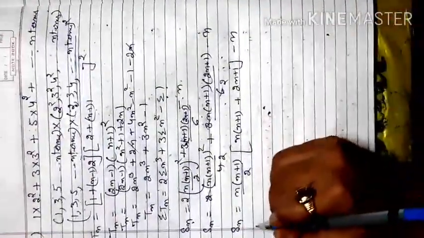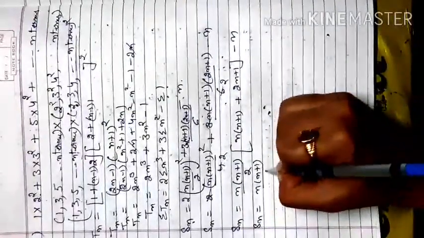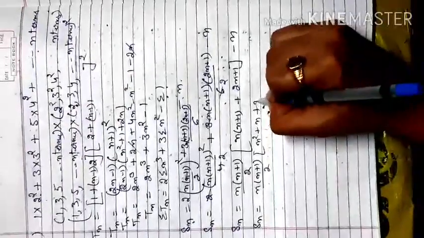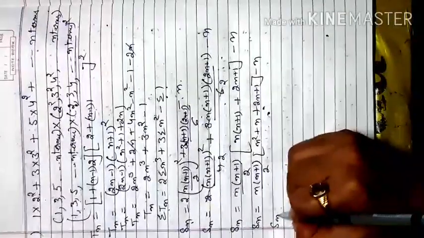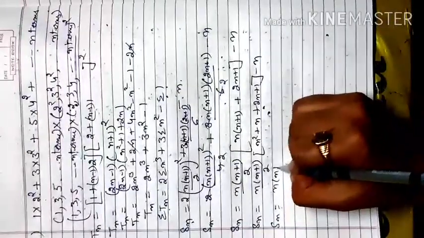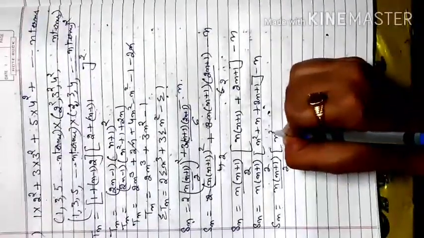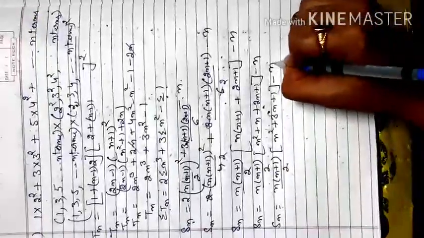Now when you open this one, Sn is equal to n into (n plus 1) by 2 times (n square plus n plus 2n plus 1 minus n). Then Sn is equal to n into (n plus 1) by 2 times (n square plus 3n plus 1 minus n).